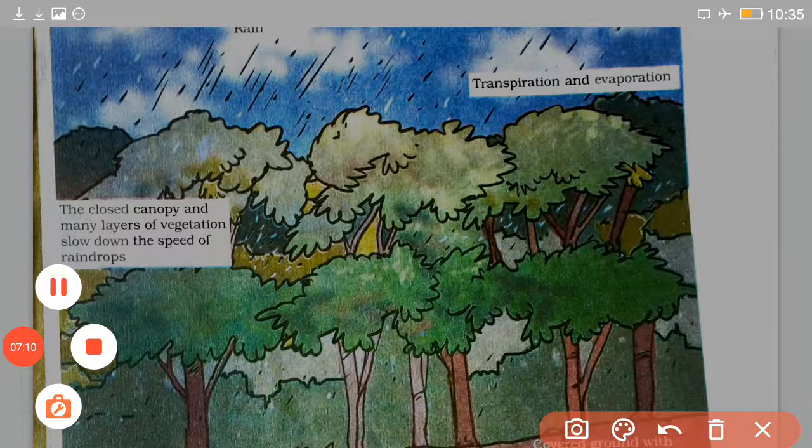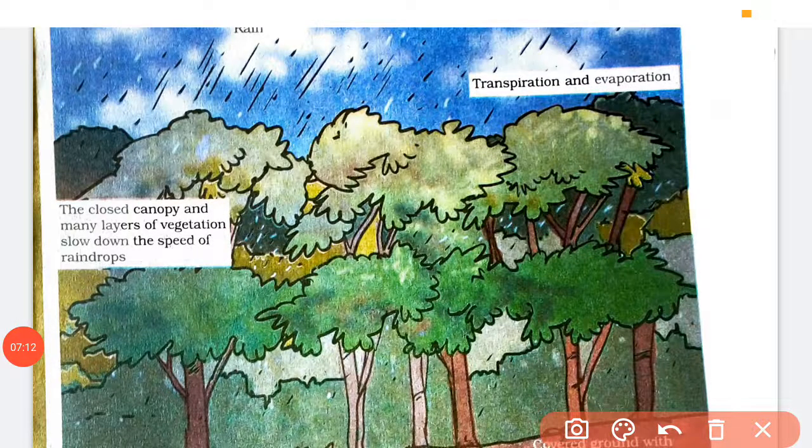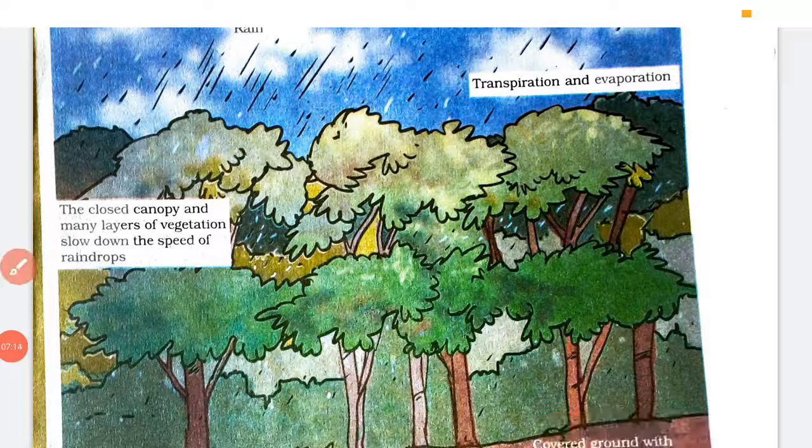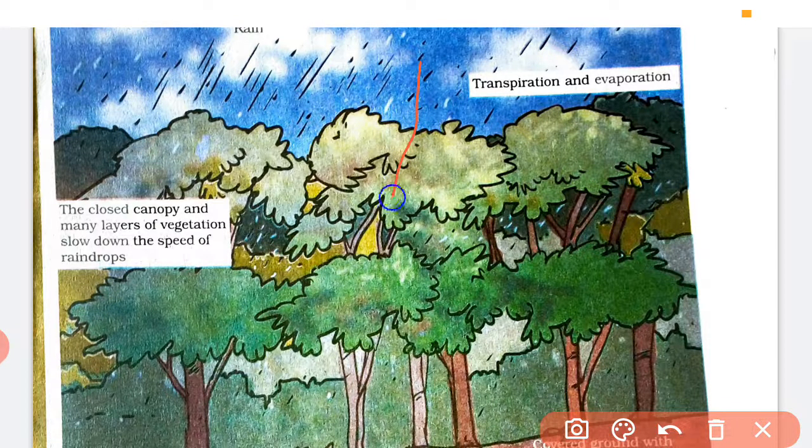Why? Because the rain has to move through different layers of the trees. So क्या होगा, जब भी बारिश होगी फॉरेस्ट में, तो बारिश का जो पानी है वो डायरेक्टली ग्राउंड तक नहीं आएगा, वो धीरे धीरे लीव्स के थ्रू रिसता हुआ ग्राउंड में पहुंचेगा.